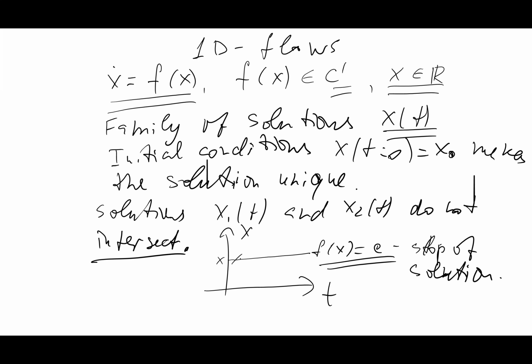And therefore, this line is crossed by all solutions. For example, this is a solution, this is a solution, this is a solution, and so on. They all cross this line under the same angle.